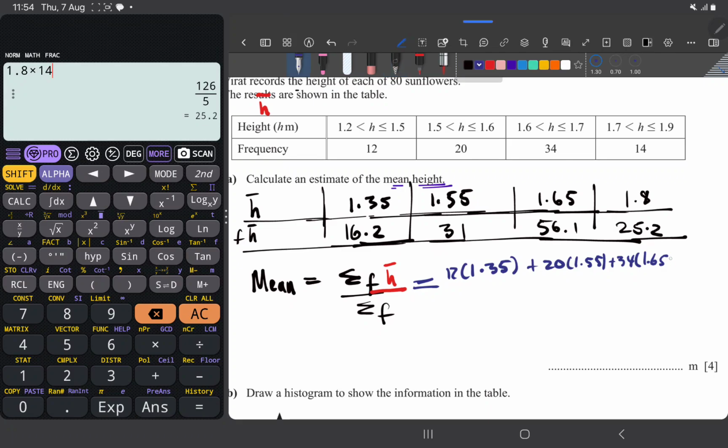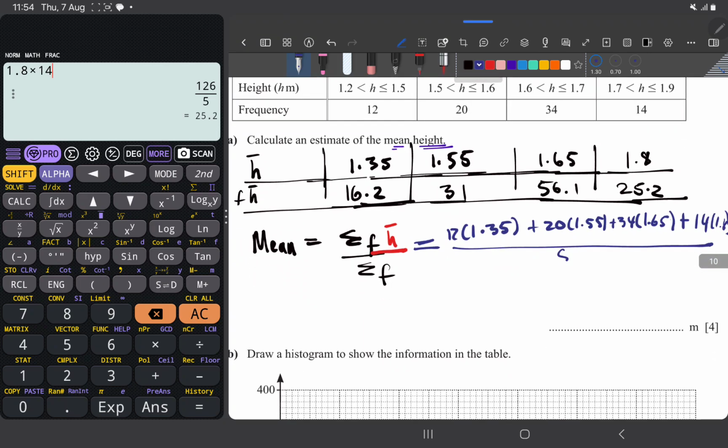All divided by, what's the total frequency? There are 80. So we got 16.2 plus 31 plus 56.1 plus 25.2 over 80.